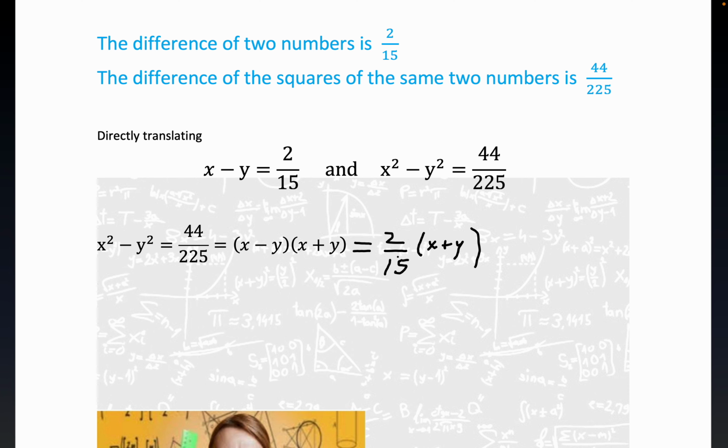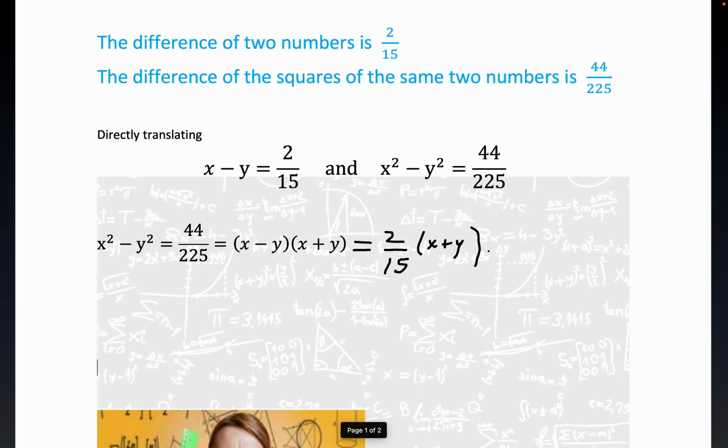If we multiply through by 15 halves, that's going to imply that will lead to x plus y.